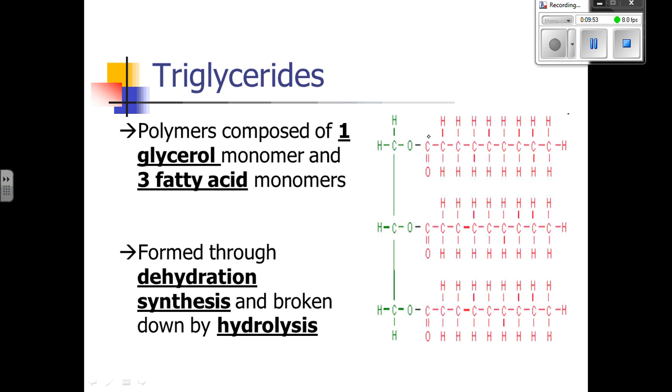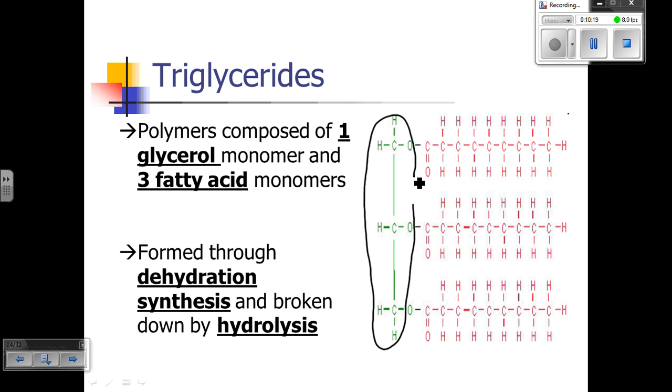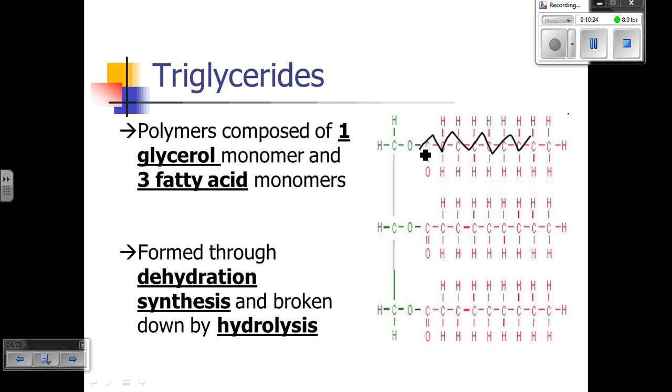If we look at our basic triglyceride molecule, you have the green representing the glycerol here, and you have 3 fatty acid chains on each glycerol. So this is characteristic of your triglyceride. How I usually draw this is I show the glycerol looking like this solid backbone here that I'm drawing, and the fatty acids coming off like this.